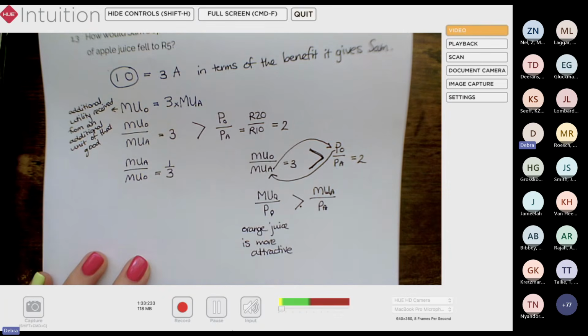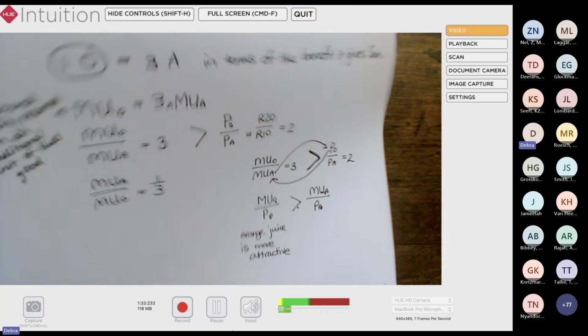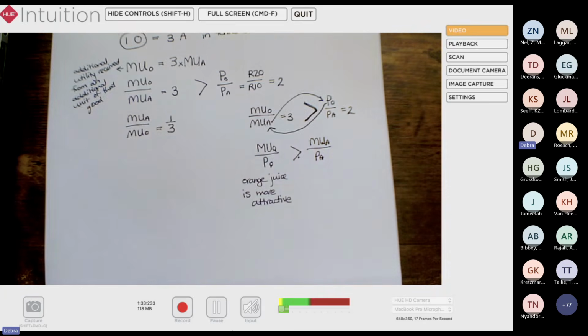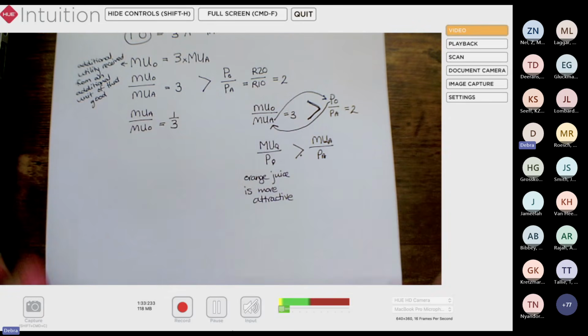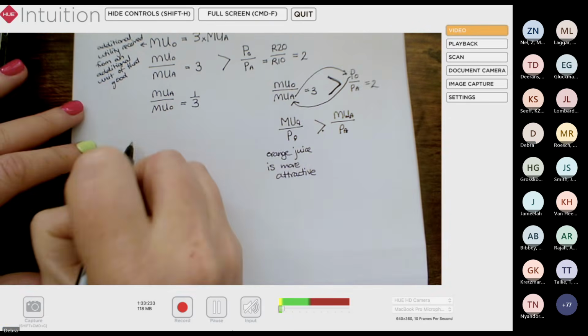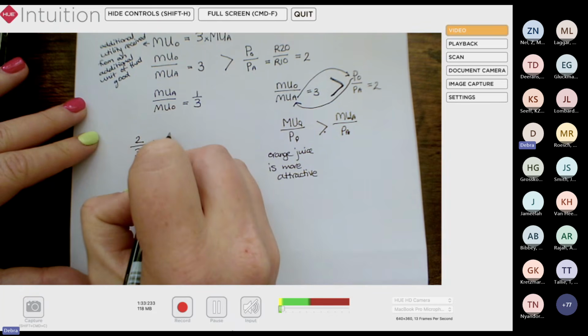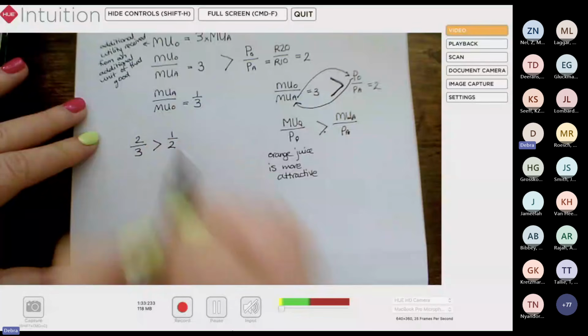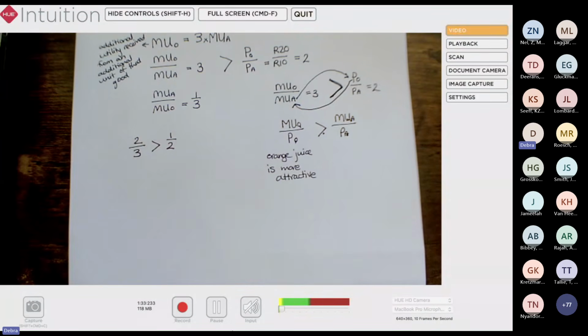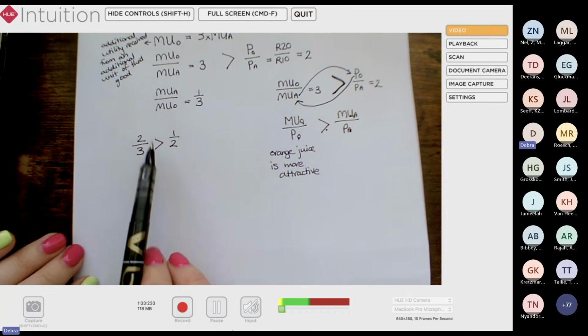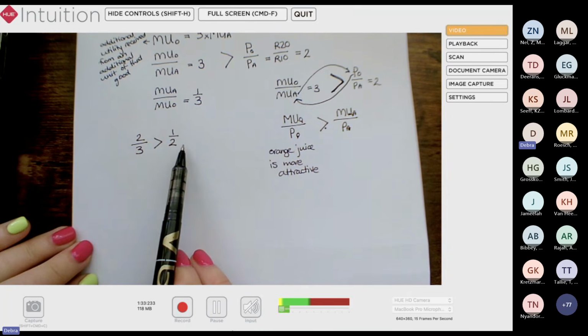Okay, so I'm just going to write this without the values. If you had, for example, 2/3 is greater than a half, right? So if you had this here, 2/3 is greater than a half. And if I move the 3 to this side and I move the 1 to that side, that doesn't change the arrangement.